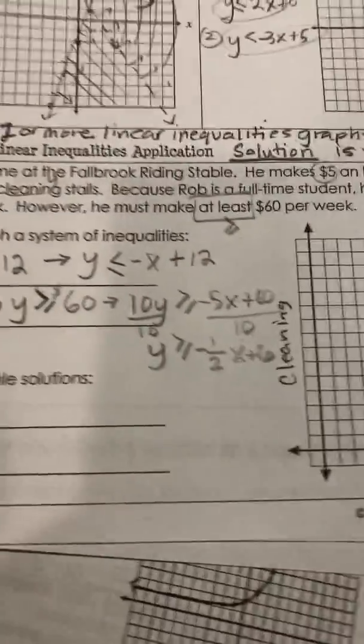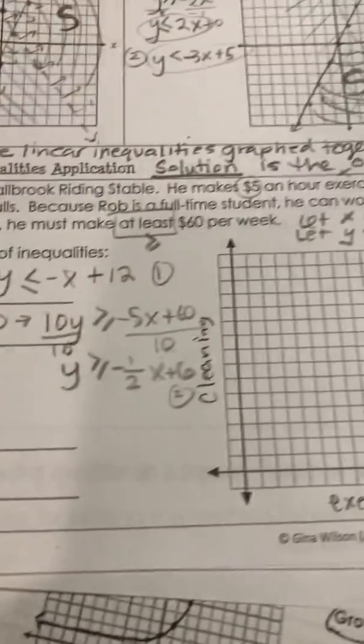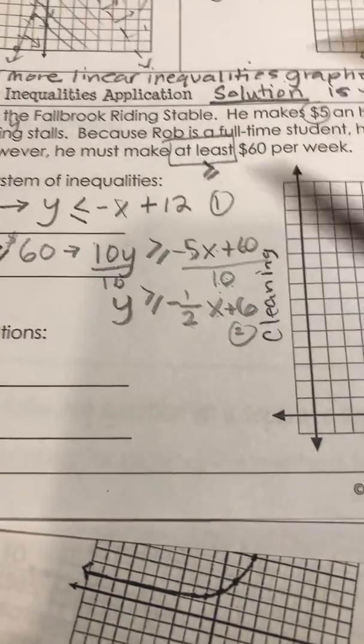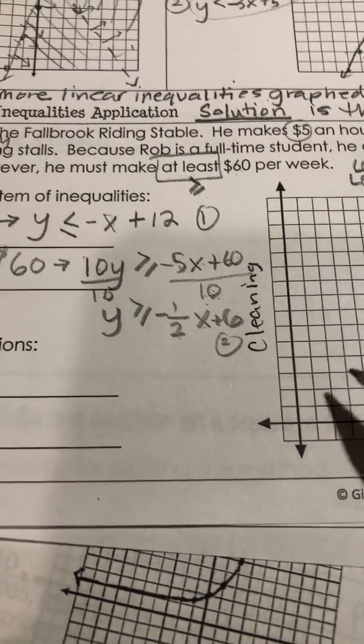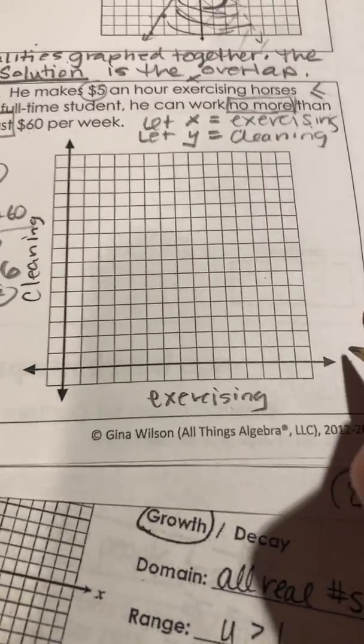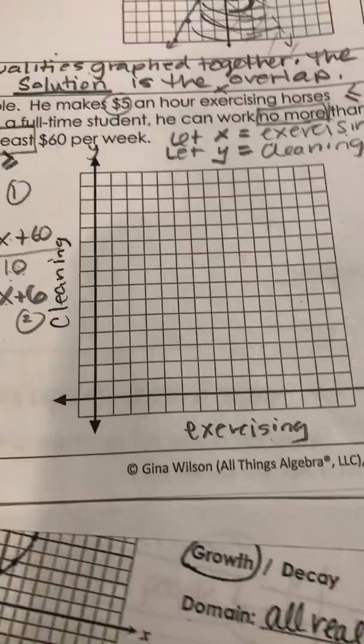So let's go ahead and I'm going to number these. I have to graph these. So my first graph, I'm going to have 12. So notice my graph here. I have exercising as the x, cleaning as the y.